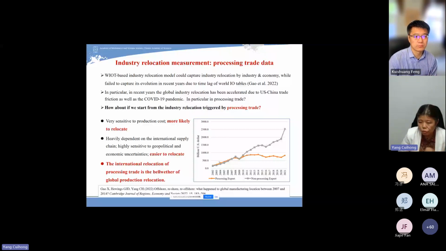So this is a very good starting point to capture the industrial relocation in recent years, in particular affected by emergent events, like geopolitical conflicts and the COVID-19 pandemic. This is why we focused on the industrial relocation of processing trade.